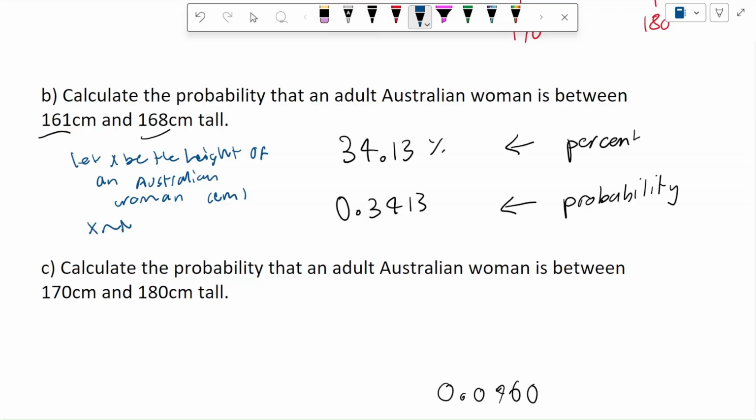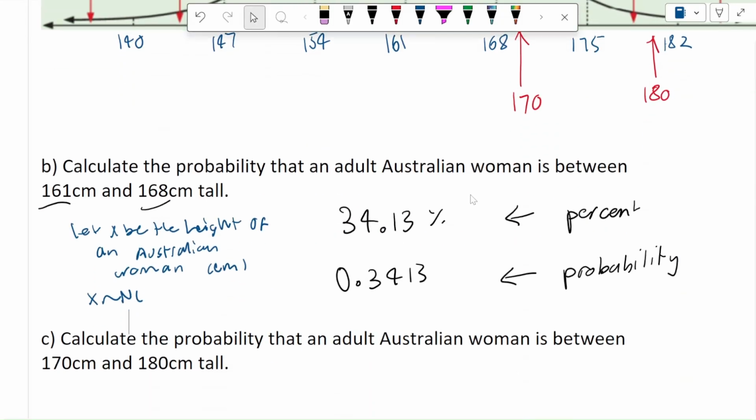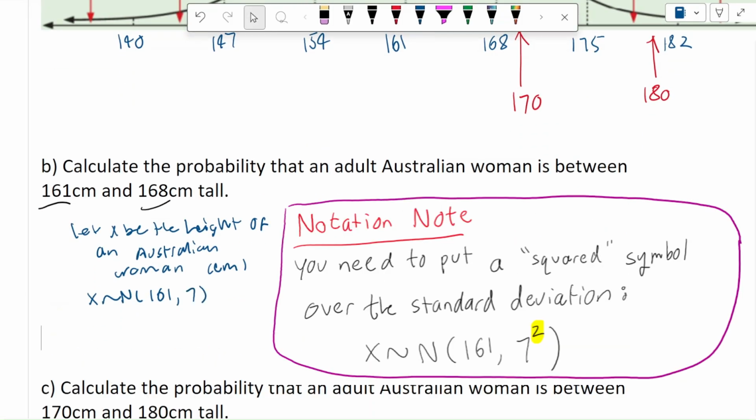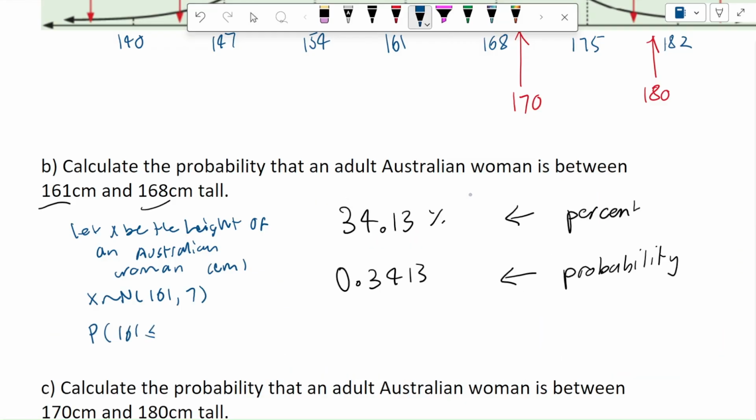Then we say X squiggle N, so that means X is distributed normally, and then we give the mean and standard deviation. So the mean was 161 and the standard deviation was 7. And then the probability that X is in between 161 and 168 roughly equals 0.3413. That's the number we worked out before. So that is your notation.